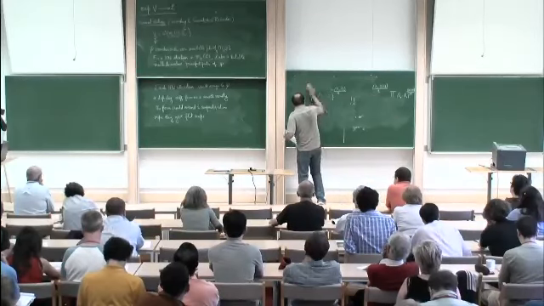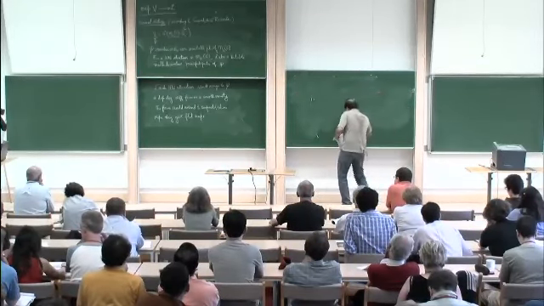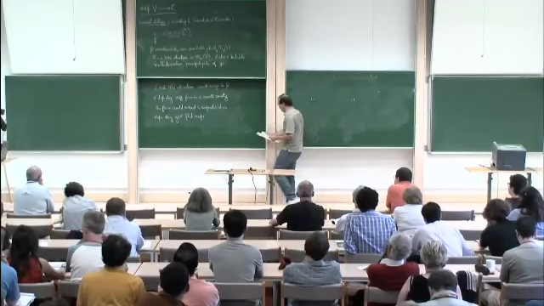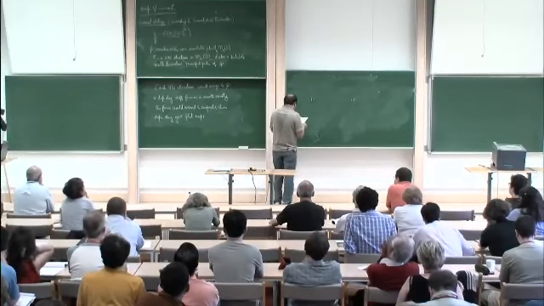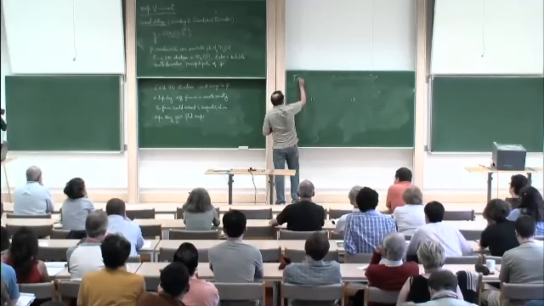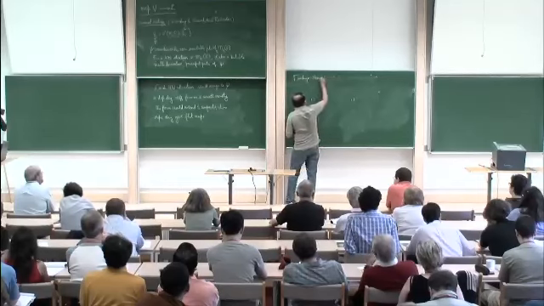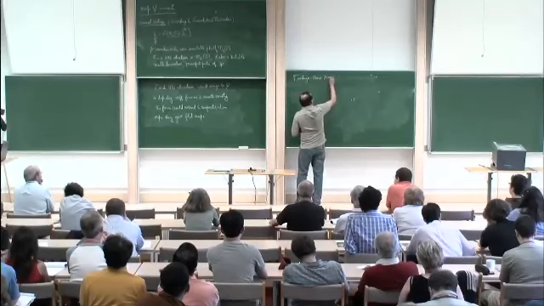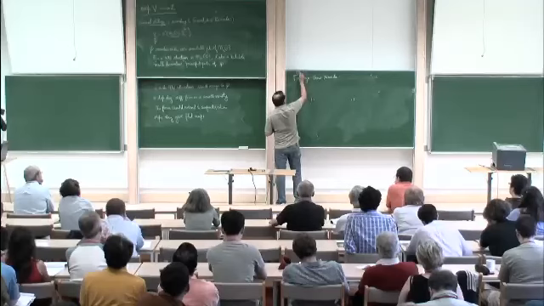I'm also going to be using the language of the work of Tsuchiya, Ueno, and Yamada to carry this out in the language of representation theory. I think the first paper was Tsuchiya and Kanie.